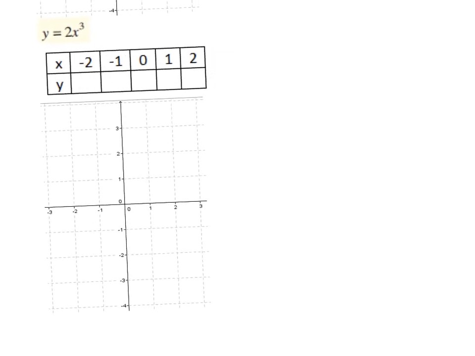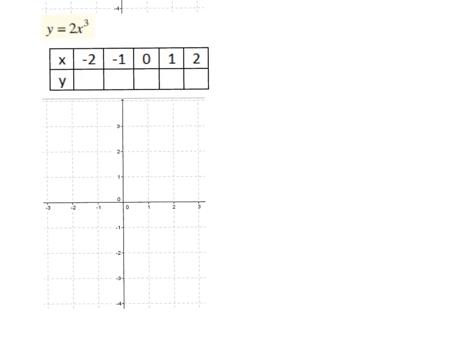Going now to the cubic. Y is equal to 2x to the power of 3. And this is not going to take too long to do, I hope. For the value of y, when x is minus 2, we write 2 times, in brackets, minus 2 to the power of 3.